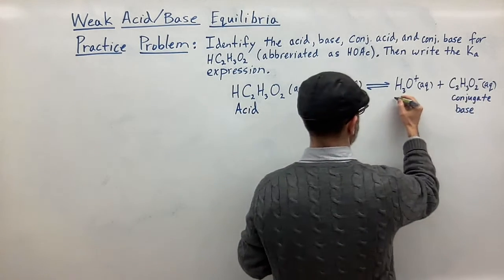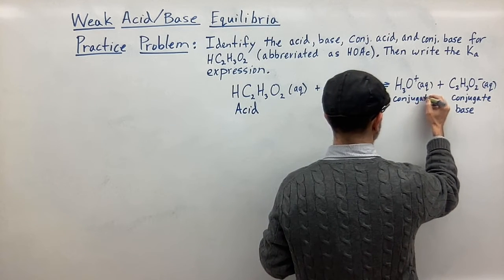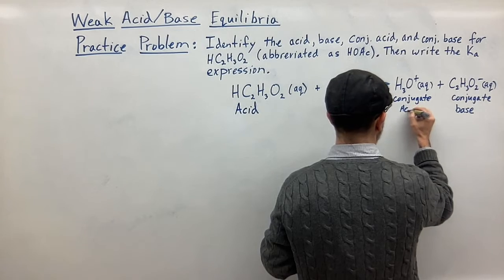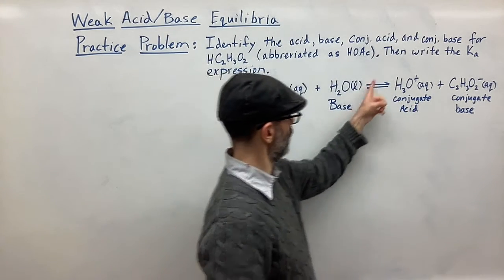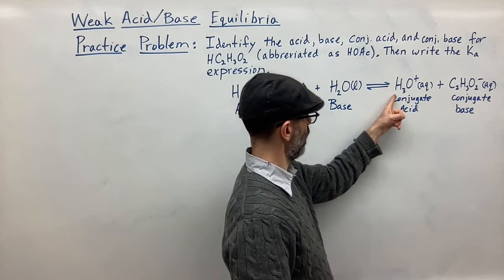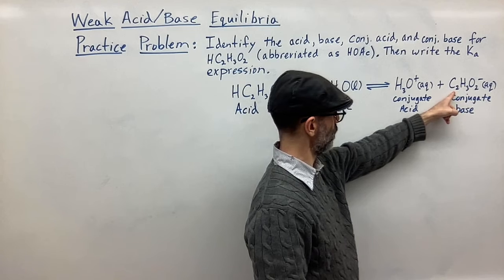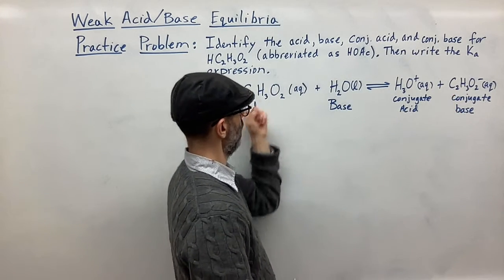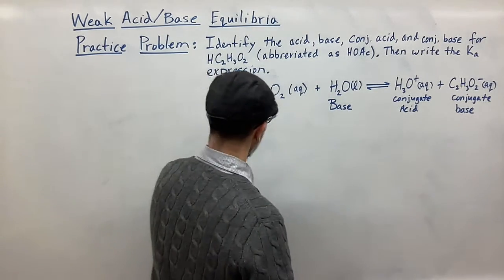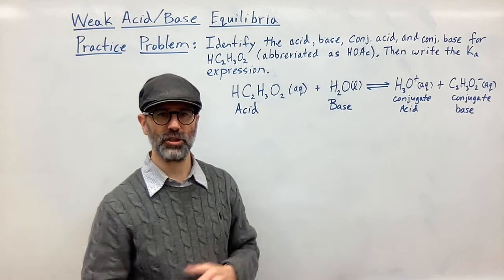And that means that this must be the conjugate acid. Because if we go backwards, the H3O+ would donate a hydrogen, a proton, to the acetate ion here. And then we go back this way. We're back with our acid and our base.